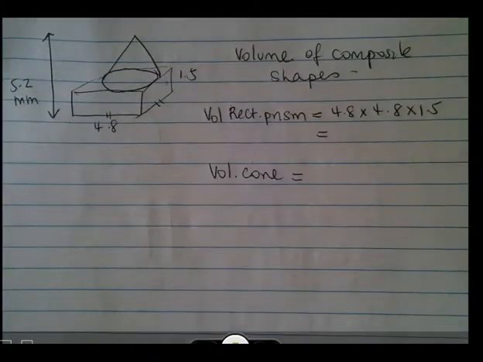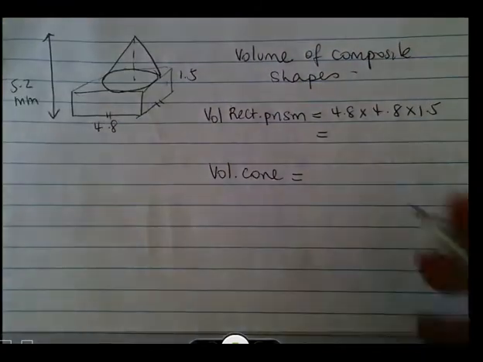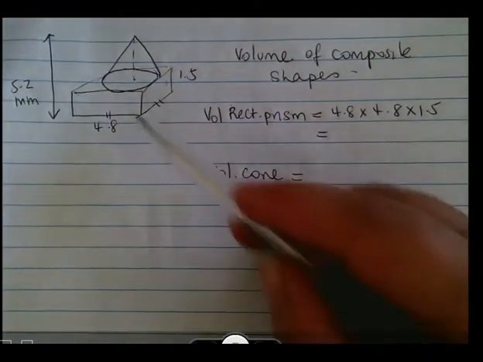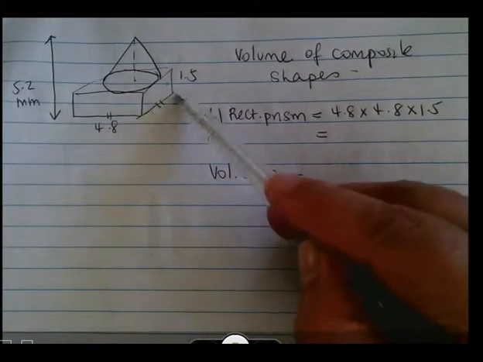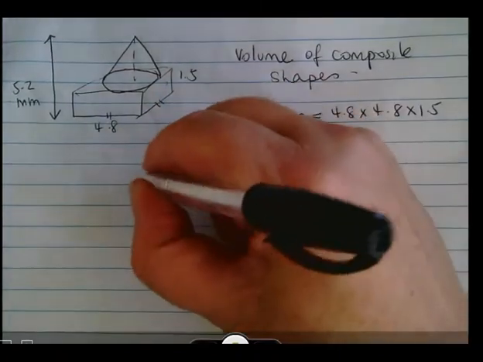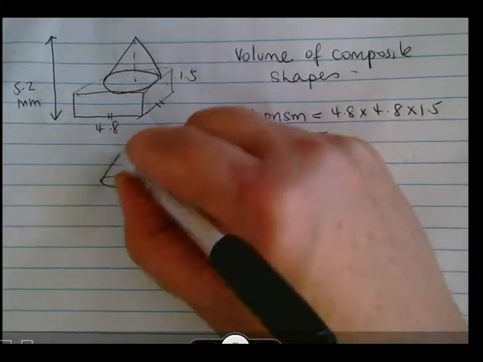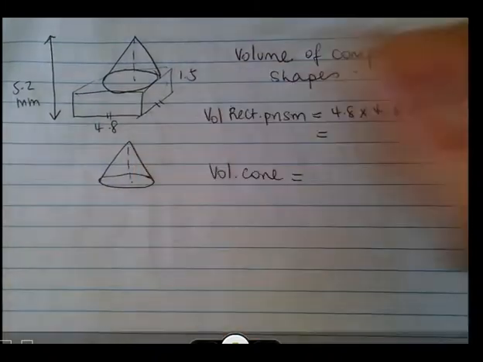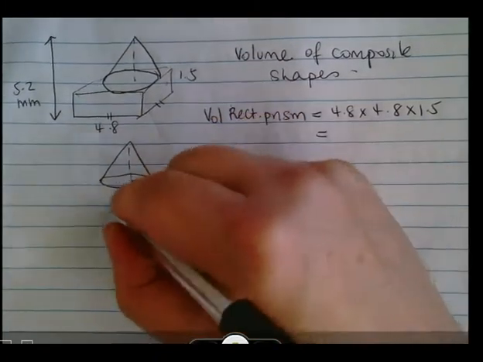We've got a rectangular prism base and we've got a cone on top. But the cone, you need to know what the dimensions of the cone are. So we need its radius and its height.